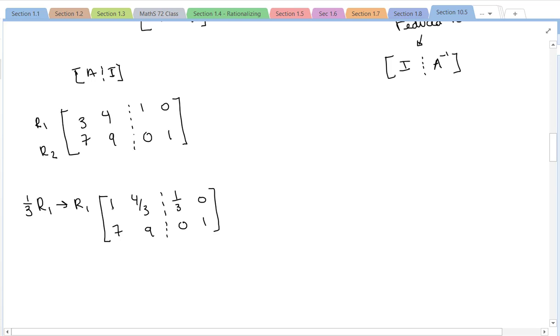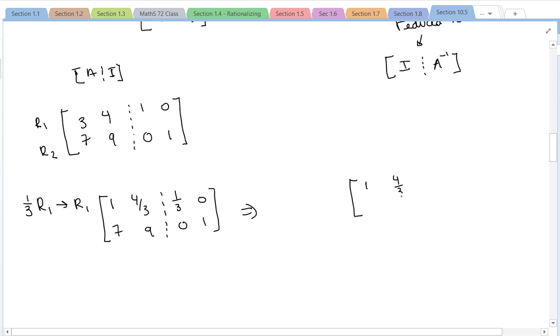Now that I have a 1 there, the next step in Gauss-Jordan elimination is to get a 0 underneath that 1. That means we're going to multiply row 1 by -7 and add it to row 2 to get our new row 2.